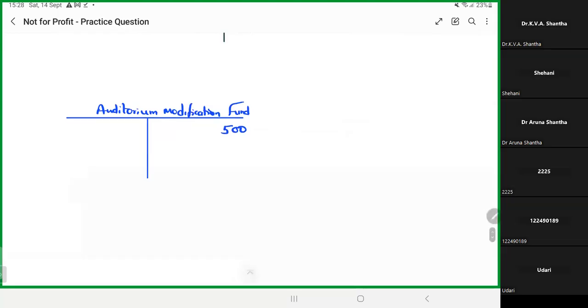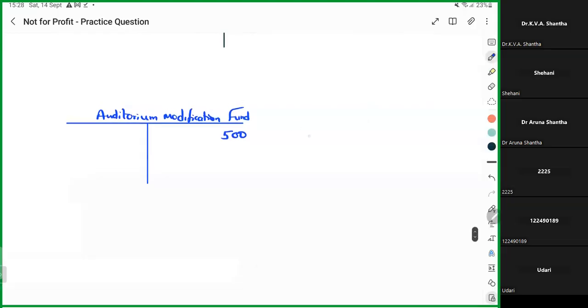During the year, you have modified the auditorium. So modification cost 150. So out of 500, you spend 150 to modify the auditorium.